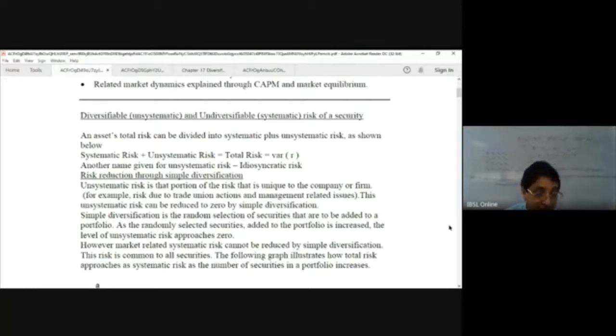From that point onwards, you will not get any reduction of your total risk even when you add other assets. That is the risk you cannot reduce by diversification, which is called systematic risk, non-diversifiable risk or undiversifiable risk.